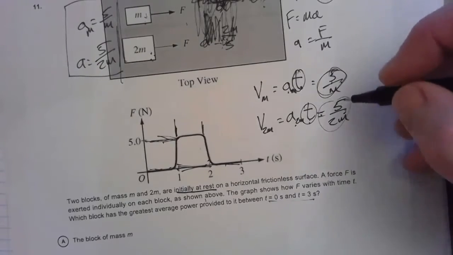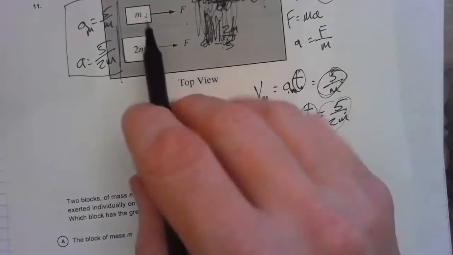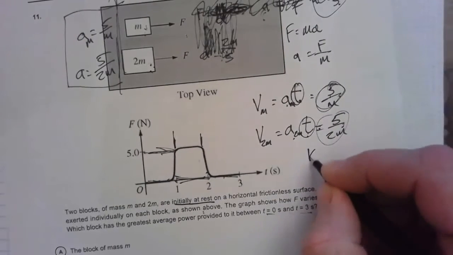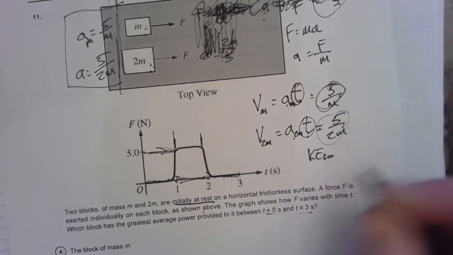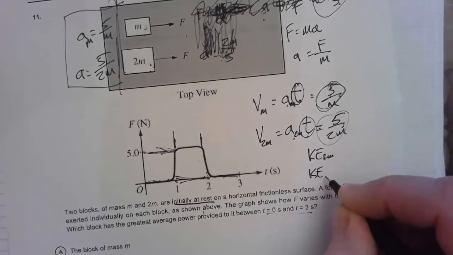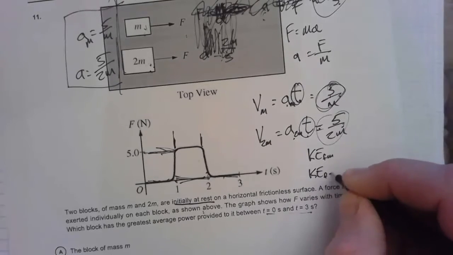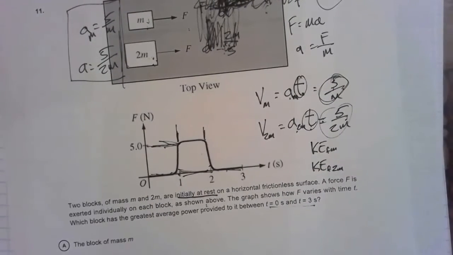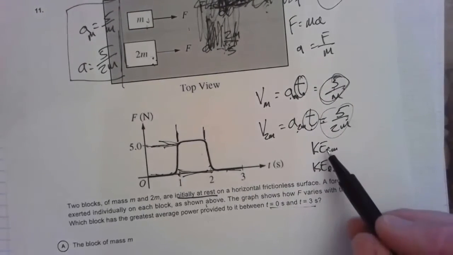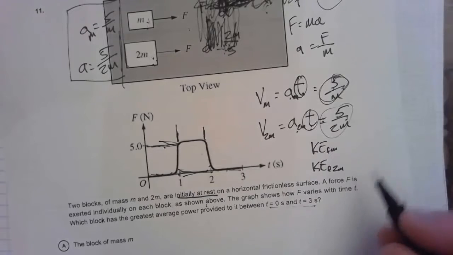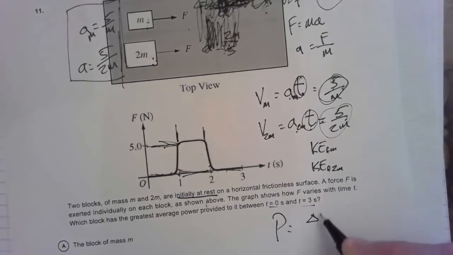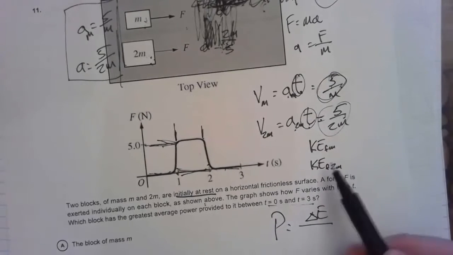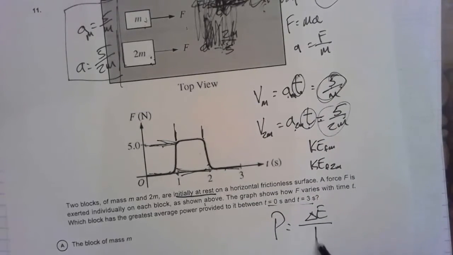Which one has a bigger change in kinetic energy? Well, they both started at 0, so we really need to find the final kinetic energy for m and the final kinetic energy for 2m. Whichever one is bigger is going to be the bigger change in kinetic energy, and power is change in energy or work done, which, by the way, a bigger change in kinetic energy needs a bigger net work done, divided by time.